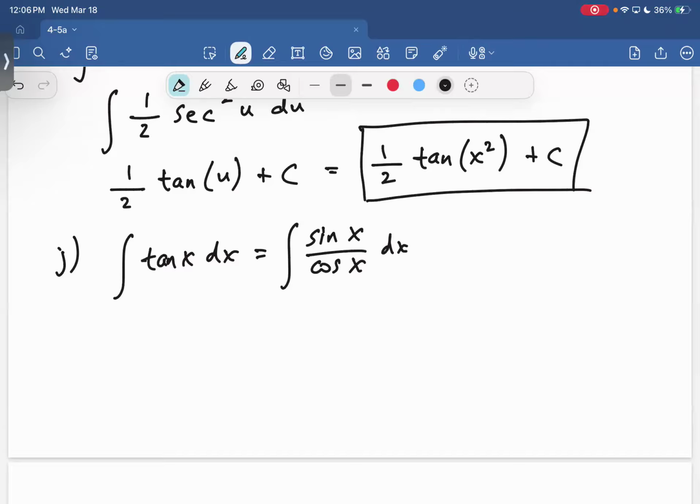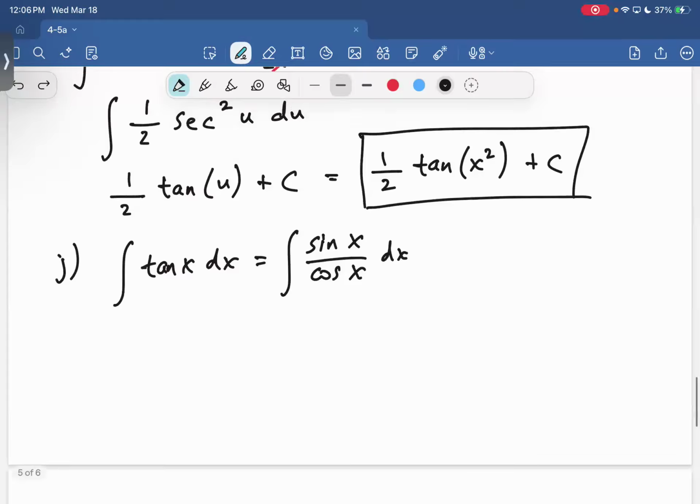Because the derivative of tangent is secant squared, the integral of secant squared is tangent. But we don't know the integral of tangent.